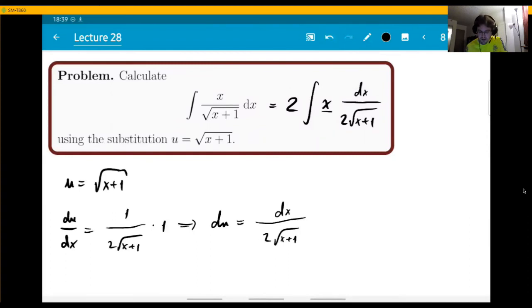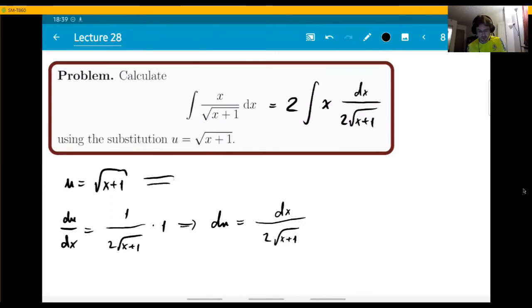But then we have this x left inside. In the function that's left in this x part, we don't have anything like the square root of x plus 1, which is often the case. The function often has the thing that you call u in it. This one doesn't. So somehow we need to substitute, to change this x into something involving only u.